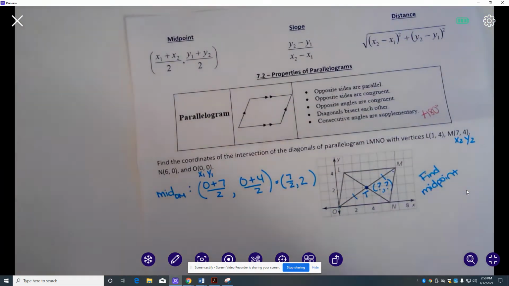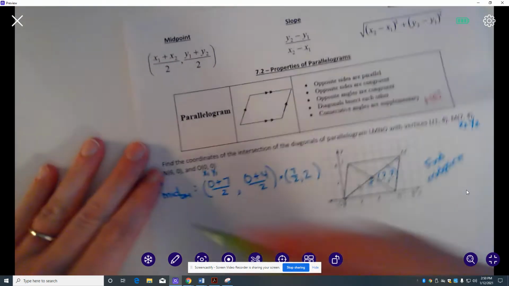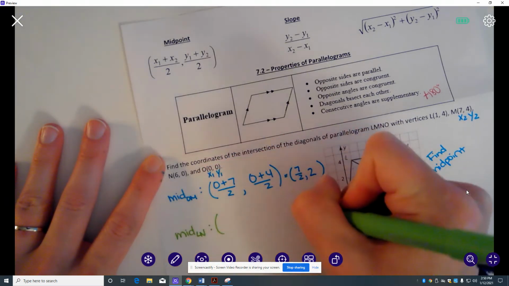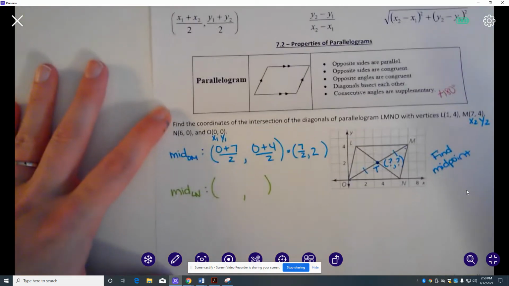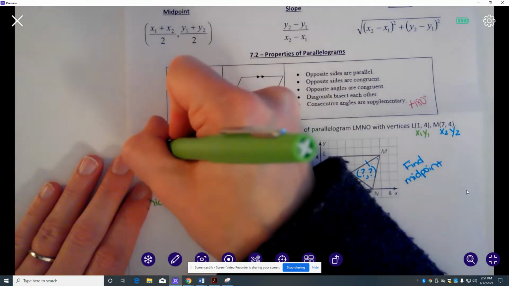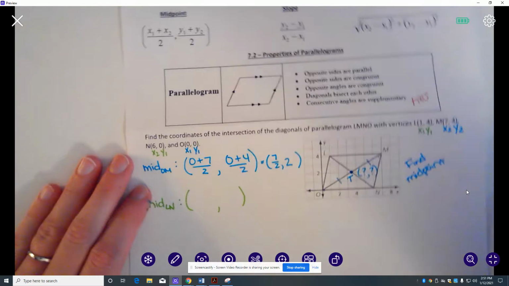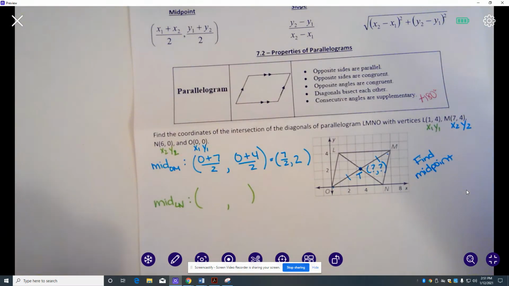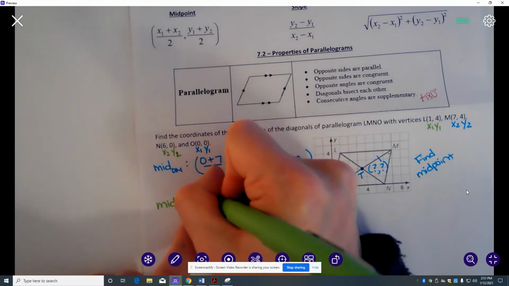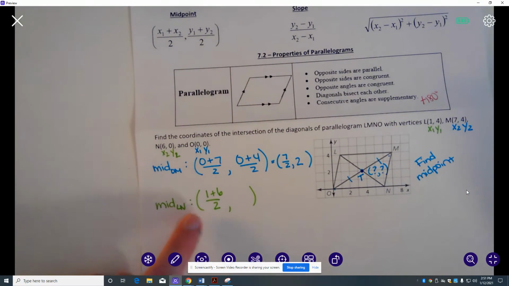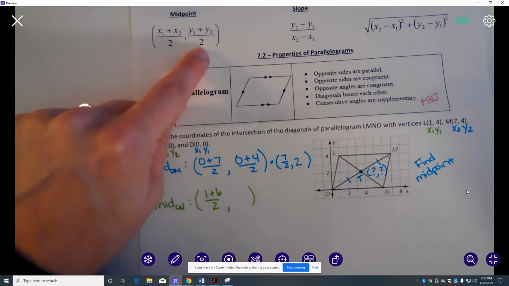So let's go ahead and find the midpoint of diagonal LN. This time I'm going to label this X1, Y1, X2, Y2. So X1 plus X2 divided by 2, Y1 plus Y2 divided by 2.